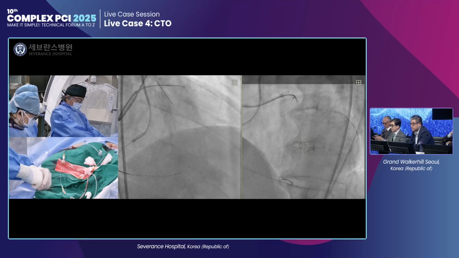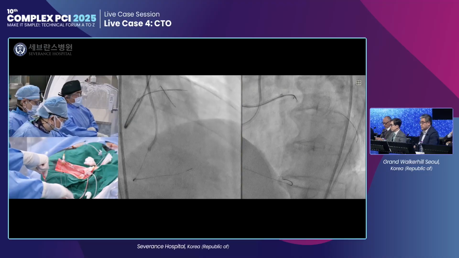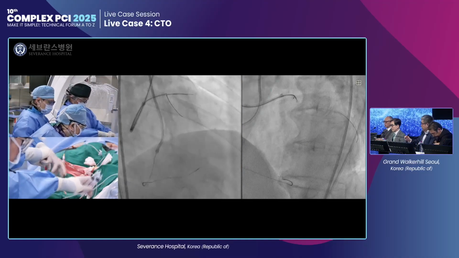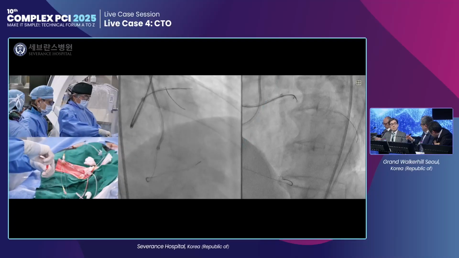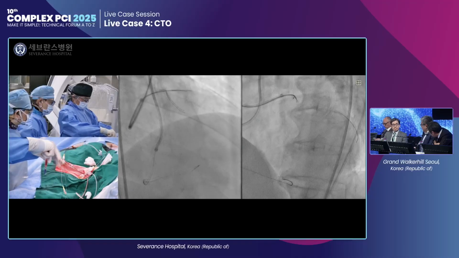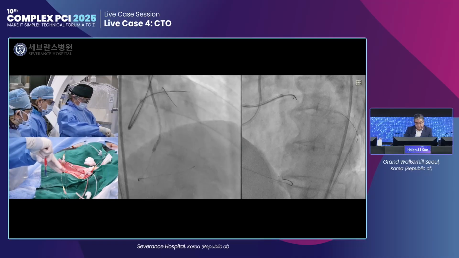I fully agree. Usually, the lower third of the septum is better viewed with caudal. And the top third of the septum is probably better with cranial. Right?